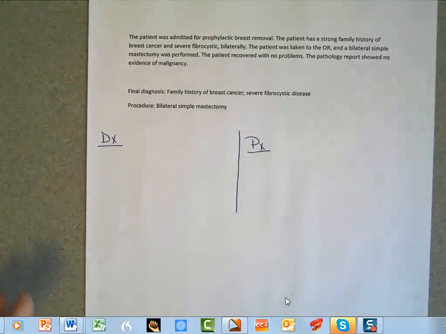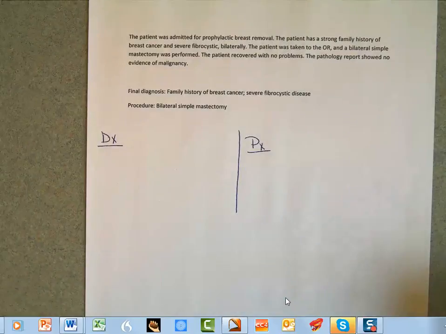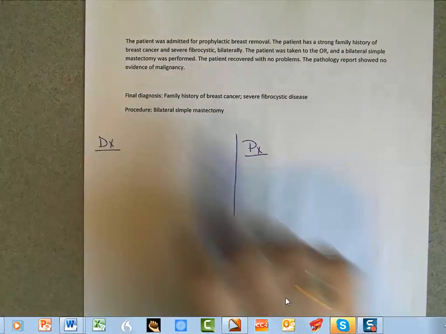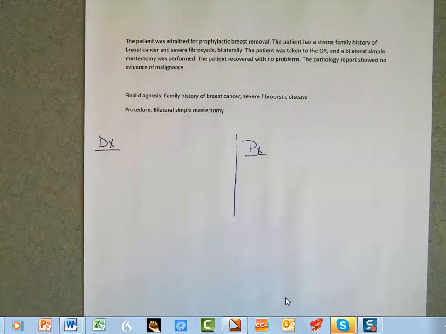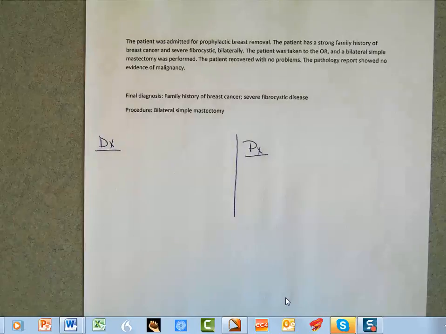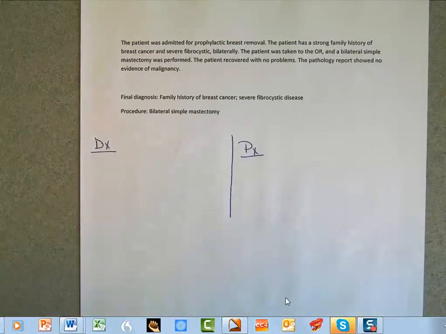Anything you come across, sentence by sentence, we're going to write down. So, for instance, the patient was admitted for prophylactic breast removal. Is that a diagnosis or is that a procedure? Well, in this instance, it's kind of both, right? Because it tells us it was prophylactic.